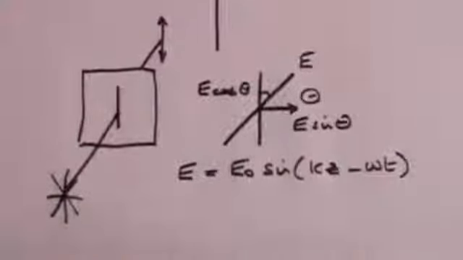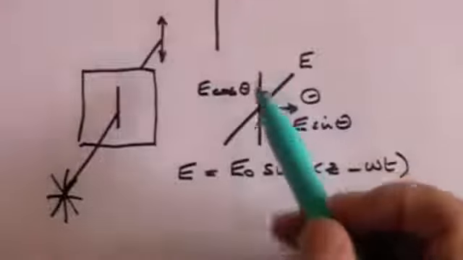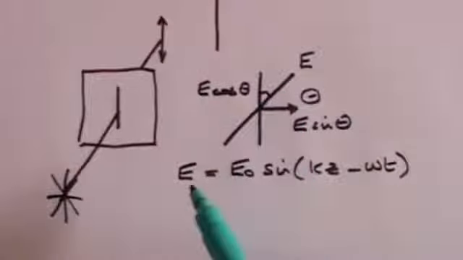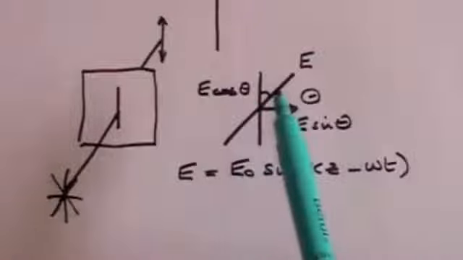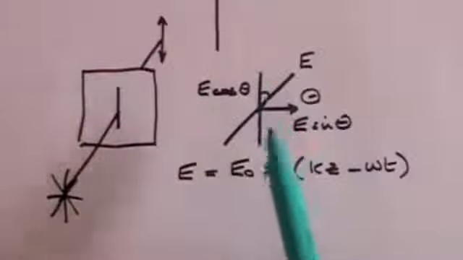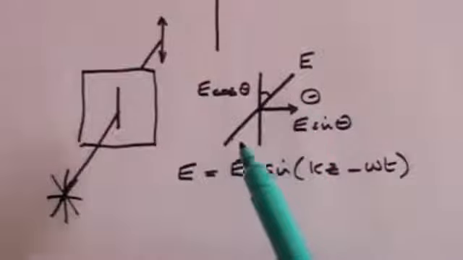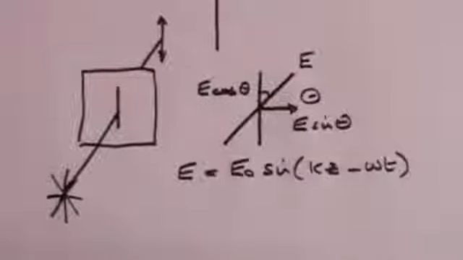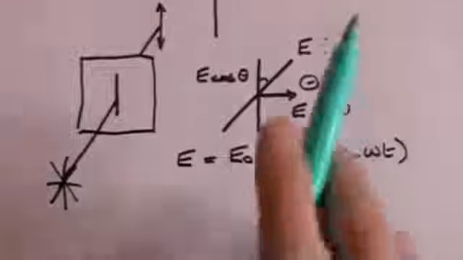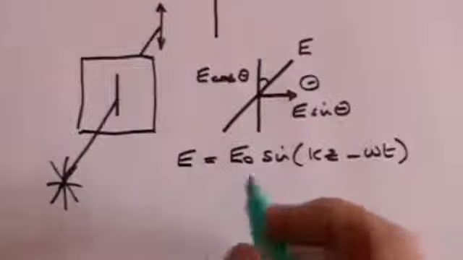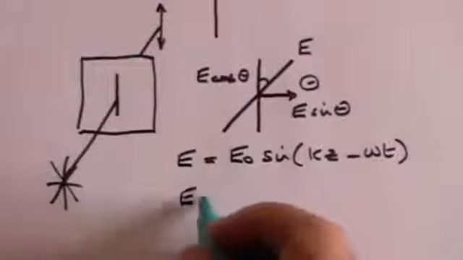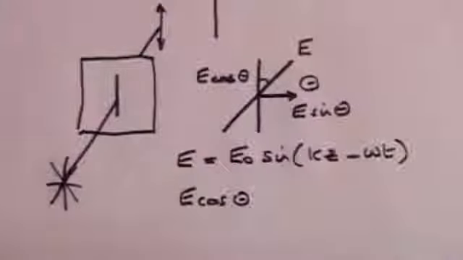And what we're now saying is that what actually gets through the polarizer is that value of E multiplied by the cosine of the angle between the vertical polarizer and whatever angle the E field happens to be oscillating in the unpolarized way.